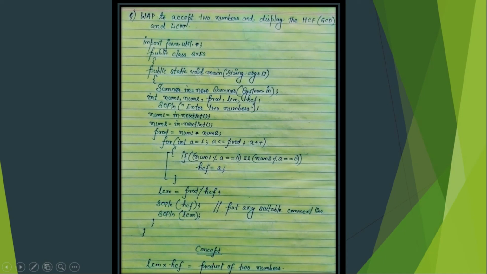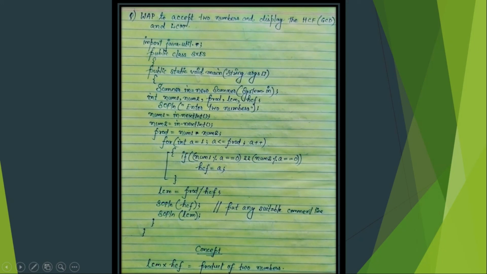Why haven't we taken 0? Because as you know, on dividing any number by 0, the result comes to be infinity. It's a mathematical thing. That is why we are not supposed to take 0 over here. So we start from 1.